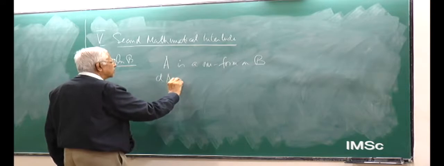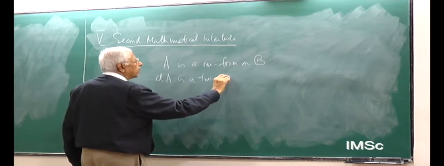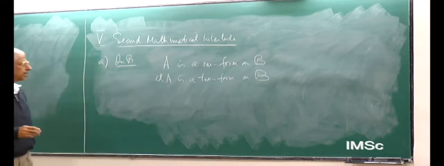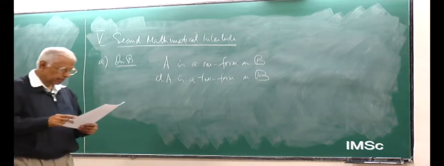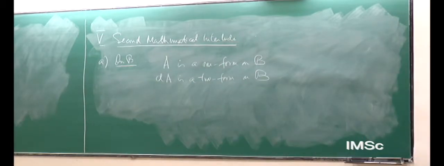Given that there is an object called the differential of A, it is written as dA, and it is a two form on the manifold. This concept of d here is the same as in vector analysis, the curl operation.